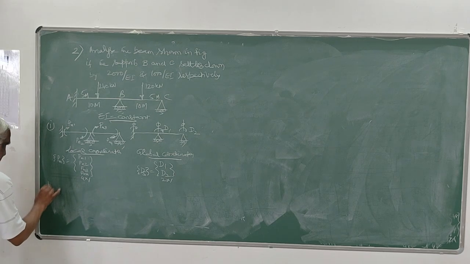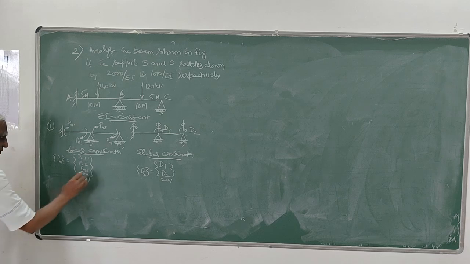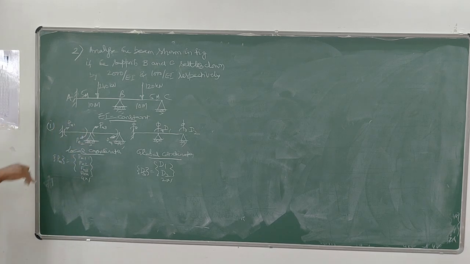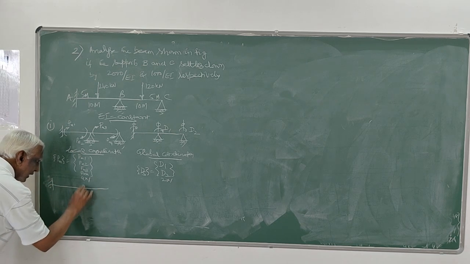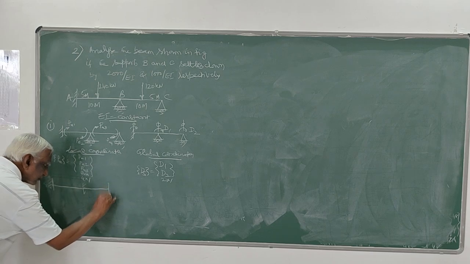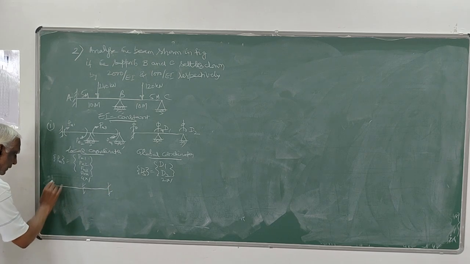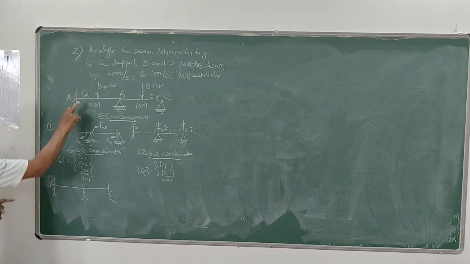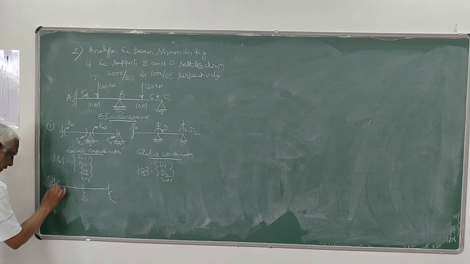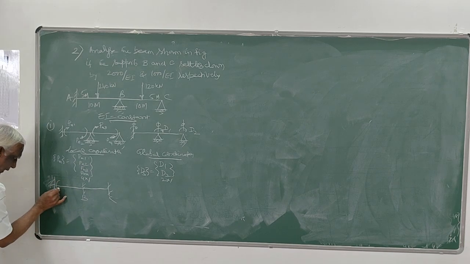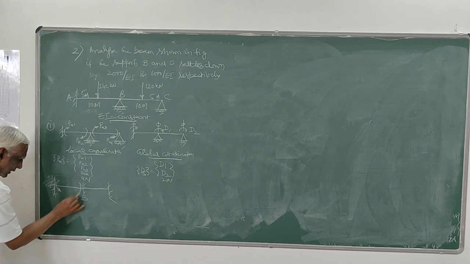Next, second step, by the way, PMF, because all loads have to be at the joints, right? The fixed end moments, if I determine for A, B, C: here you have a concentrated load, fixed end moment, here it is anti-clockwise, here it is clockwise.